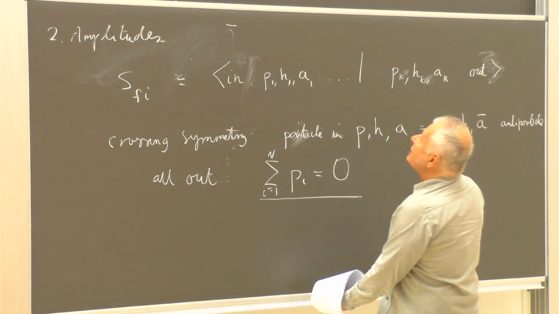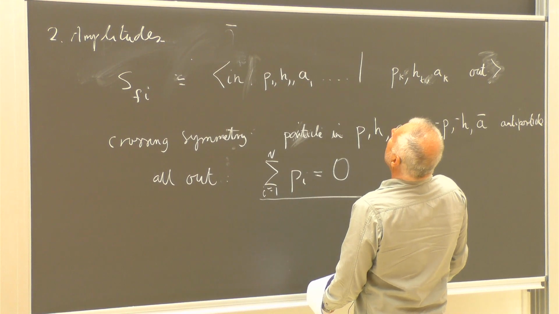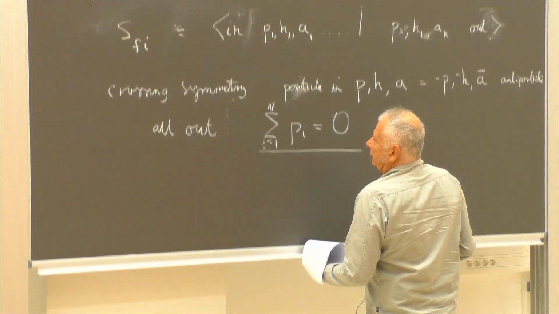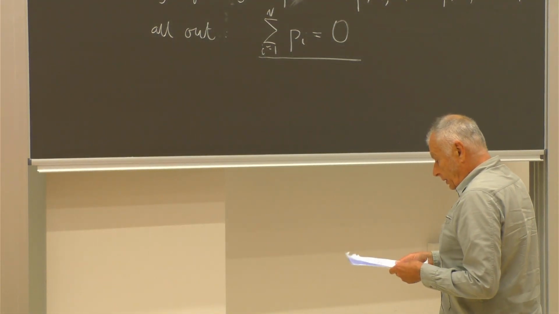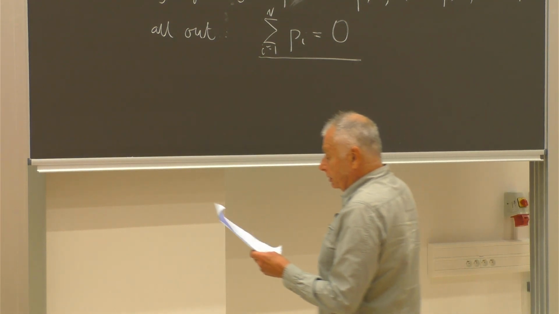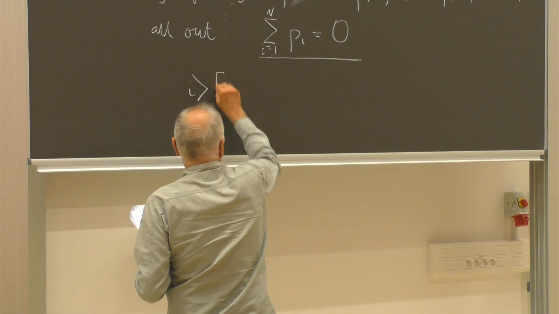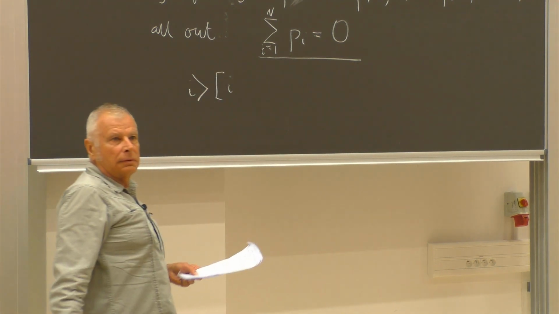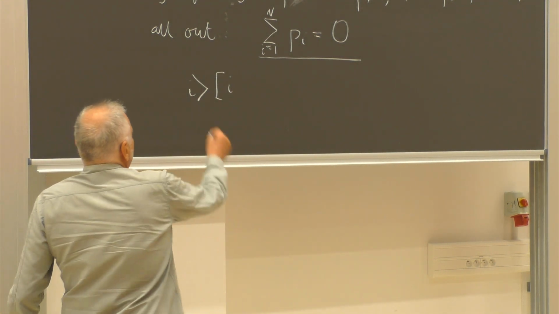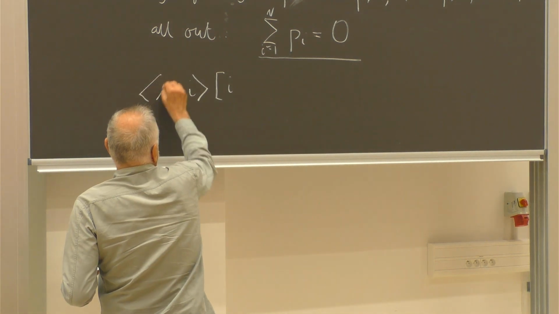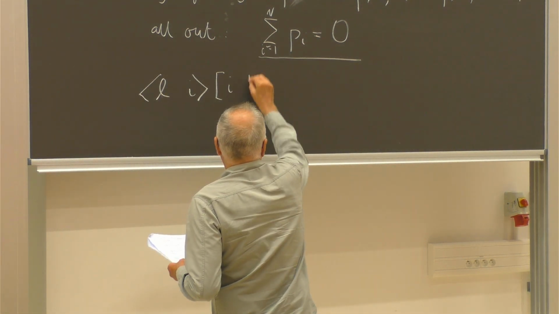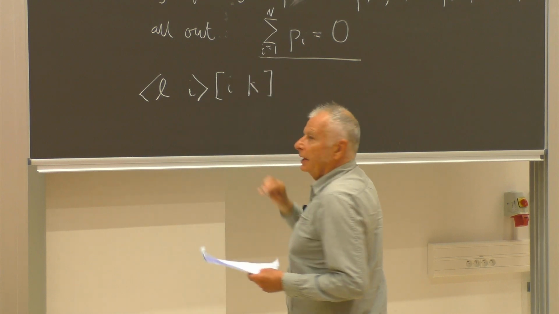Now, what does it mean in our spinor notation? That momentum p_i is like that, yes? All right? So you can sandwich it with any spinor lambda and any spinor kappa, like that.